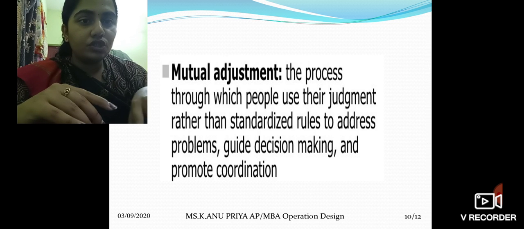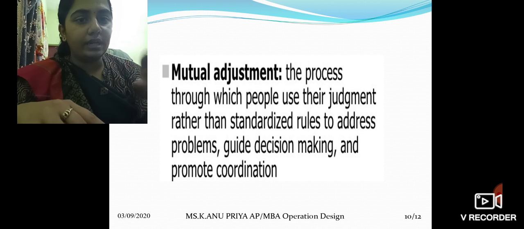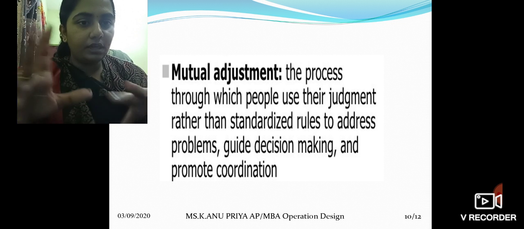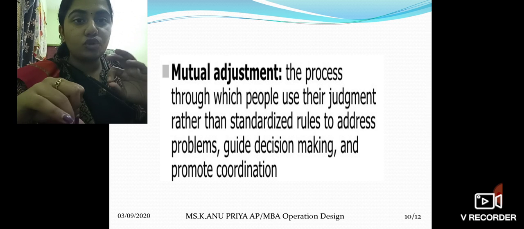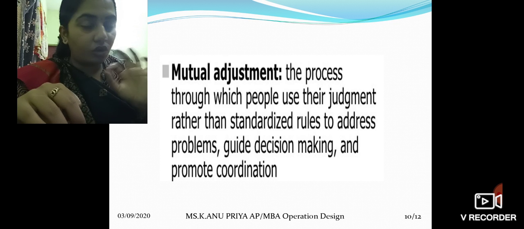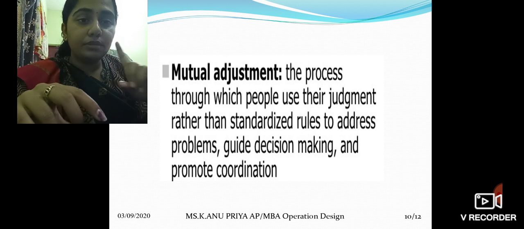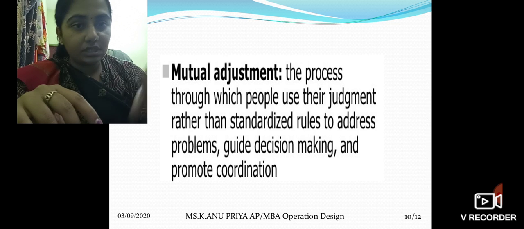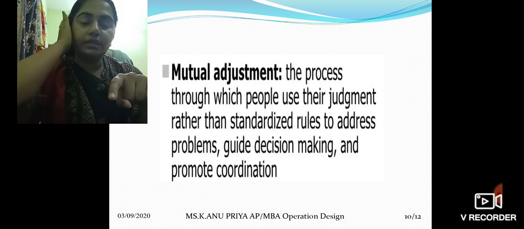It is the process through which people use their judgment rather than standardized rules to address problems, guide decision making and promote coordination. While taking a decision, a single person is not authorized to decide alone, but he can take a decision with the coordination of his group members.